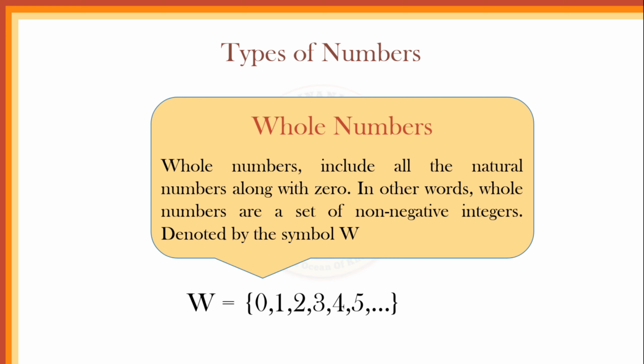Since 0 is included, whole numbers are non-negative integers. Similar to natural numbers, whole numbers are used for counting and representing quantities. Whole numbers do not have a fractional or decimal part. They are whole non-negative integers.